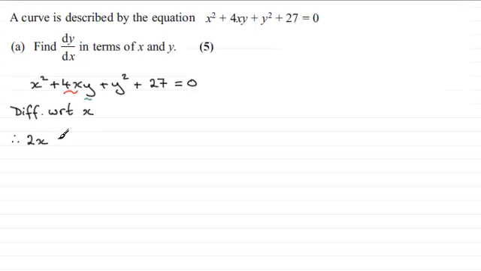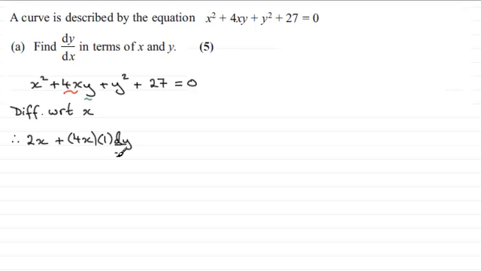So let's do that. We've got plus here, and if we take the first part, 4x, I'll put that in brackets, and we multiply it by the differential of y with respect to x. So the differential of y with respect to y is going to be 1, I'll put that in, and then we times it by dy by dx.